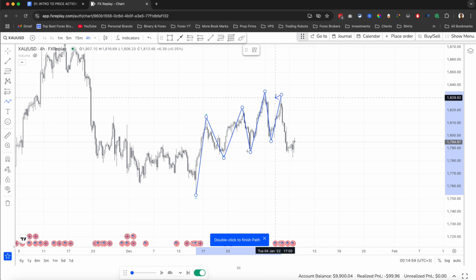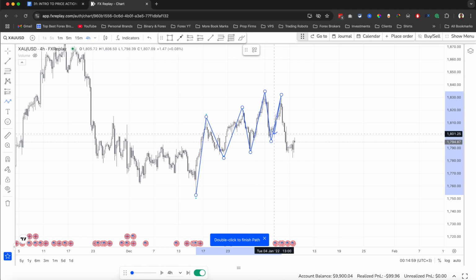So for an uptrend, we have strong lows, because the strong lows take out the weak highs. If a low takes out a high, then this one becomes a strong low.